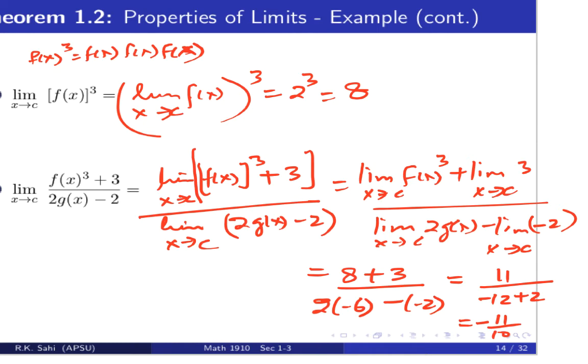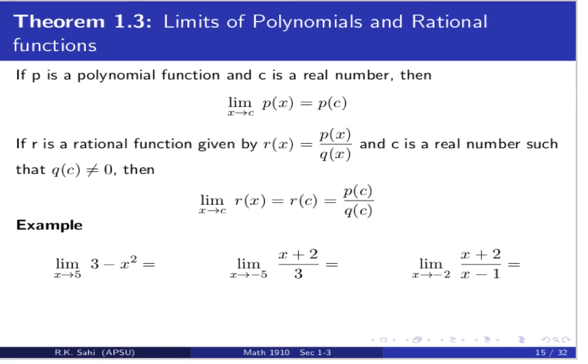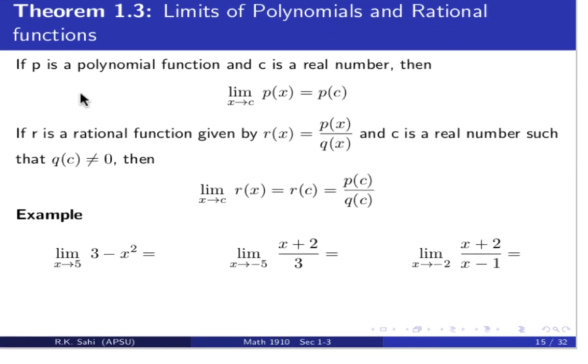Okay, now let's look at limits of polynomials and rational functions. If we are given a polynomial function p and a real number c, then the limit of p(x) as x approaches c is simply p(c). It's basically direct substitution.